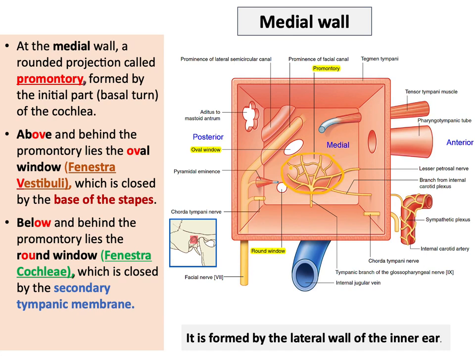As I mentioned, above this promontory there is an oval window, and below it there is a round window, right? We remember the facial nerve passes through the upper part of the middle ear and creates a covered prominence, and above it there is another prominence for the lateral semicircular canal. We'll talk about it.